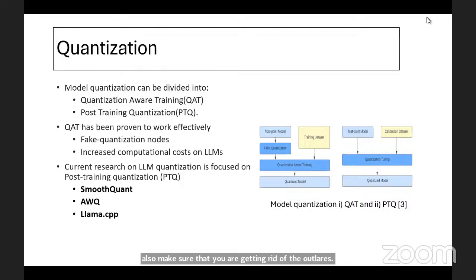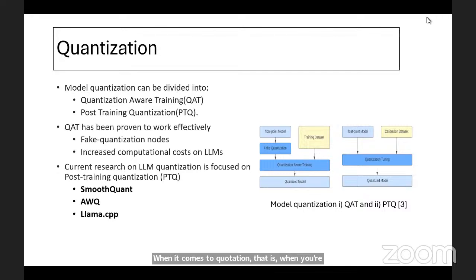So when it comes to model quantization, again, these can be deep learning models, CNNs, LLMs for that matter. They're essentially broadly classified into 2 approaches: quantization-aware training, and post-training quantization. When it comes to quantization-aware training, that is when you're training the model, you know that you're going to be quantizing it.